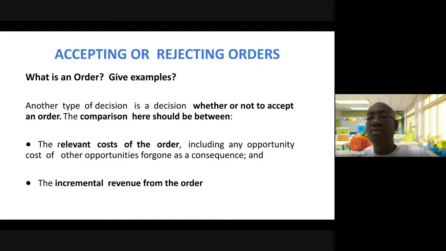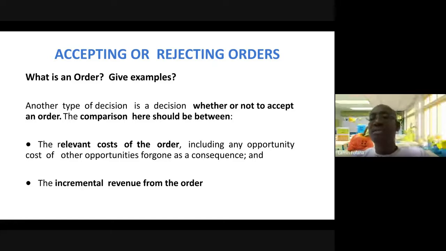Okay, if you decide to buy from them, and it is, for example, a big order, they say, okay, we've got an order from Coca PLC. They want to buy 1,000 liters of honey from us.